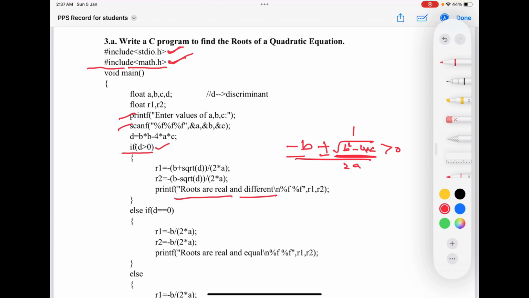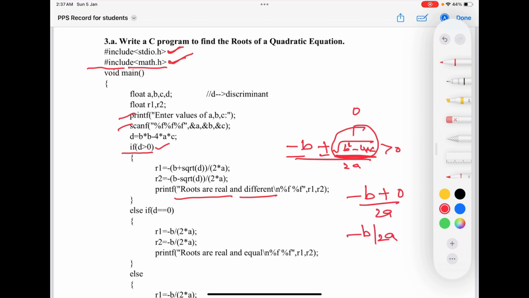When d is greater than 0, the roots are real and different, and I am going to display these values. The second condition is else if d double equal to 0. When d is 0, this whole value will be 0. What will be the formula? Minus b plus 0 by 2a, so we just write minus b by 2a.